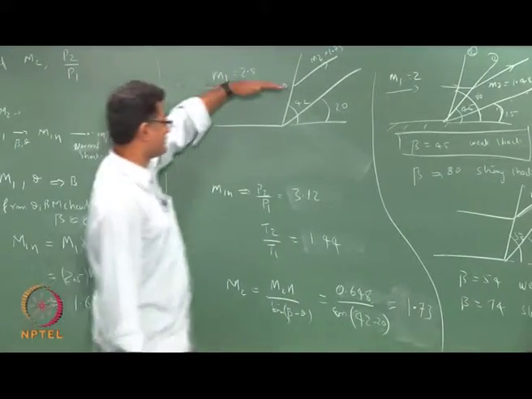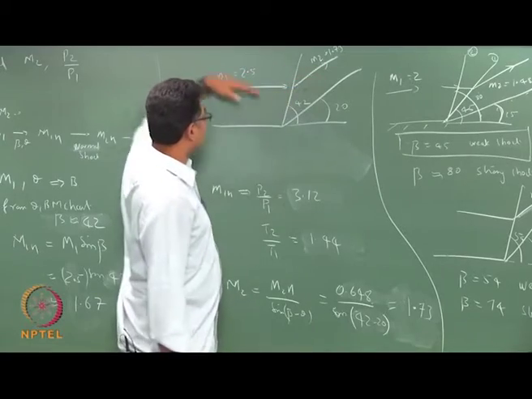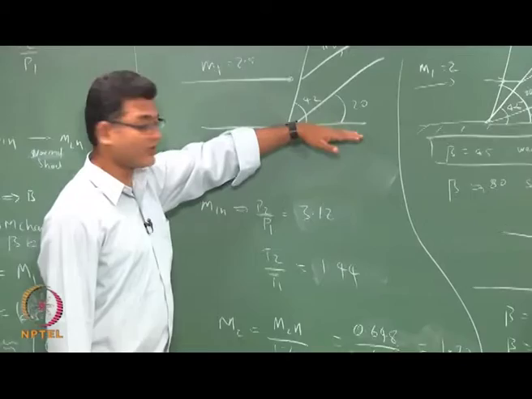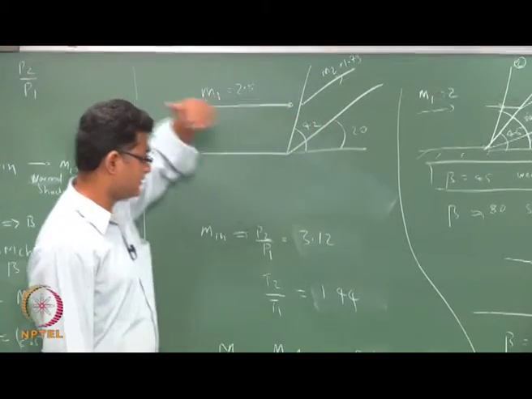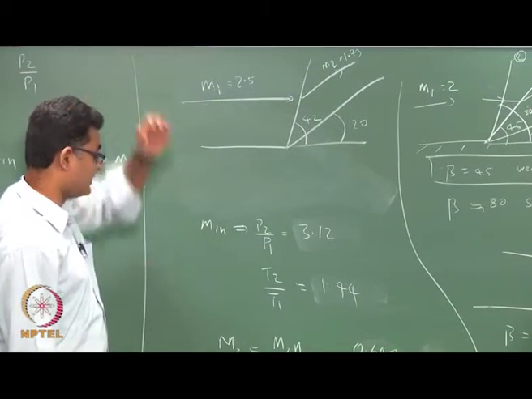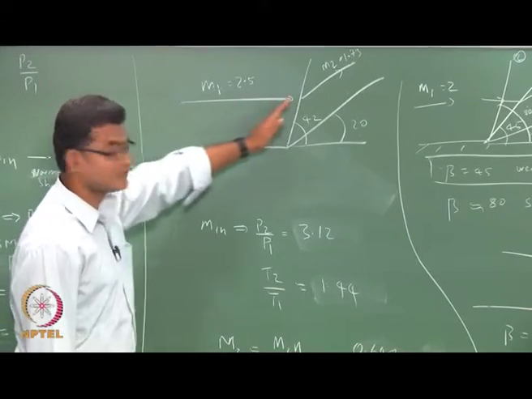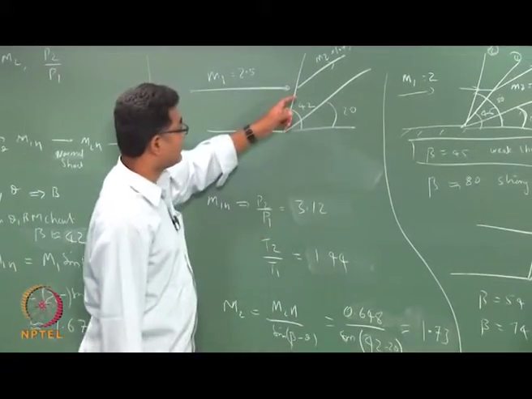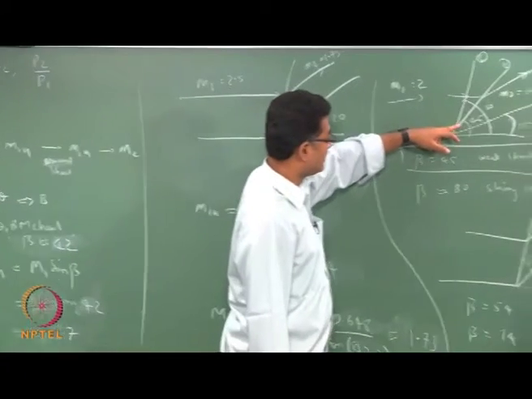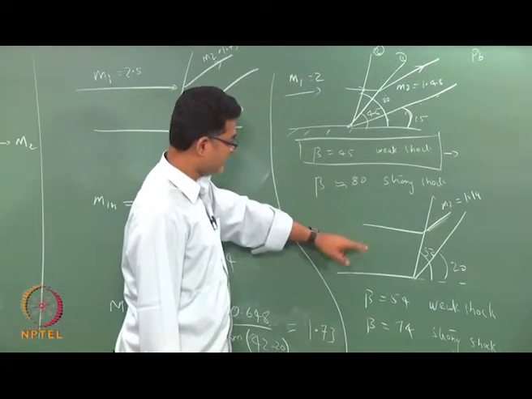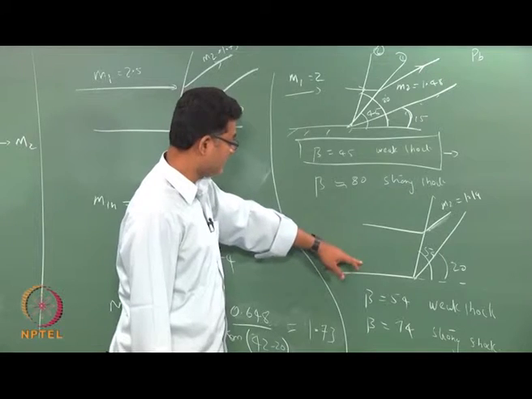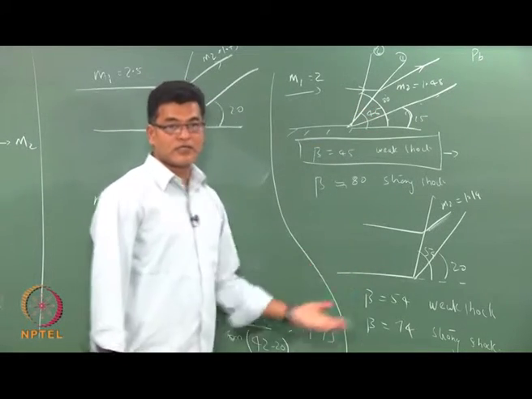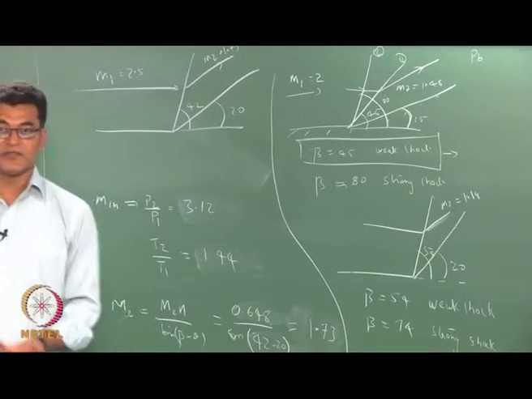So, the M2 is increasing as you increase your Mach number for a given theta, and the shock is weaker than what you had before, and for the same Mach number with a different deflection angle, you would get a stronger shock if you keep increasing your deflection angle.